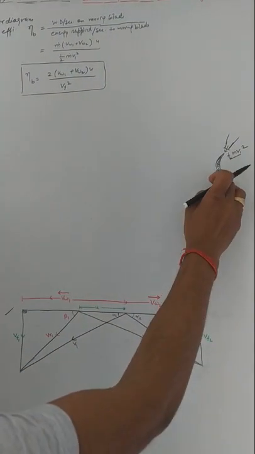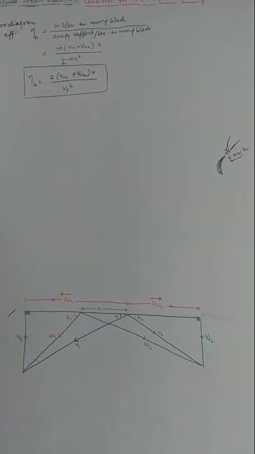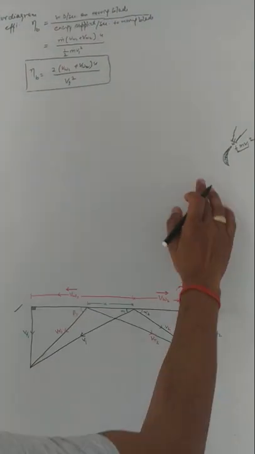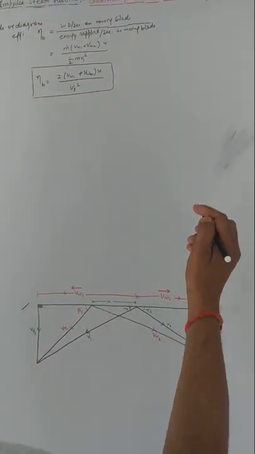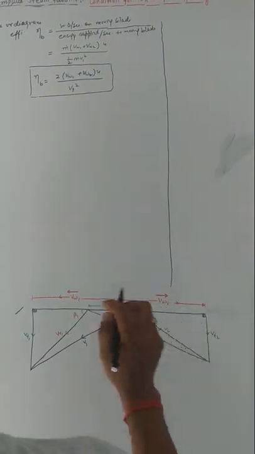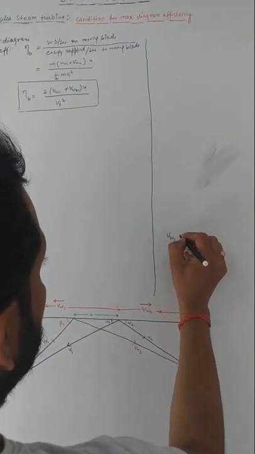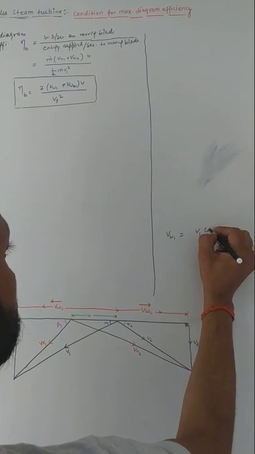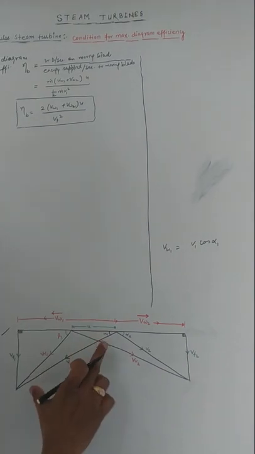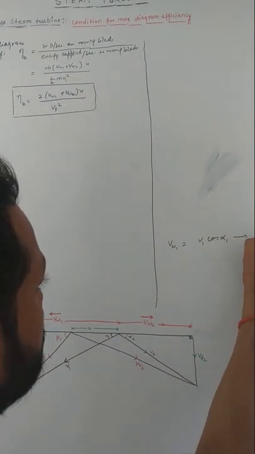This energy is responsible for the power generation at the moving blade, finally at the turbine. So from the velocity triangle we can write Vw1 is equal to V1 cos alpha 1, and this is equation 1.